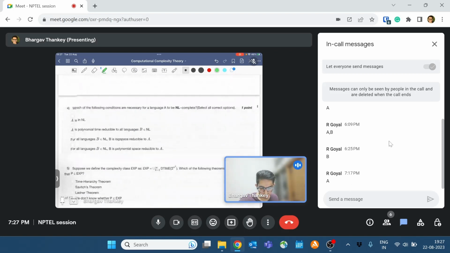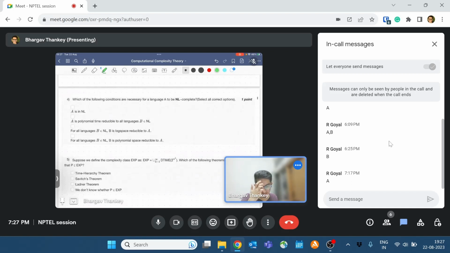Okay, so then let's look at the fourth problem. Which of the following conditions are necessary for a language A to be NL complete? Select all the correct options. The options are: A is in NL; A is polynomial time reducible to all languages B in NL; for all languages B in NL, B is log space reducible to A; and for all languages B in NL, B is polynomial space reducible to A. So which of these are correct?